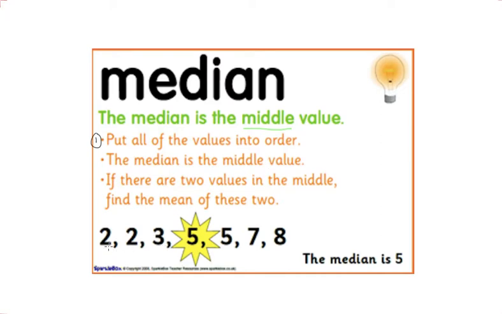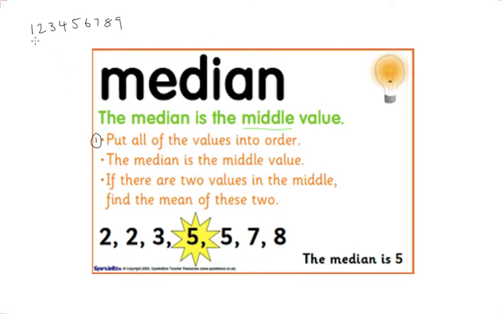So we can see here we have how many numbers? 1, 2, 3, 4, 5, 6, 7 numbers. Okay? So this is the middle value because there's 3 numbers to the left and 3 numbers to the right. If I was to write up here 1, 2, 3, 4, 5, 6, 7, 8, 9, which would be the middle number?